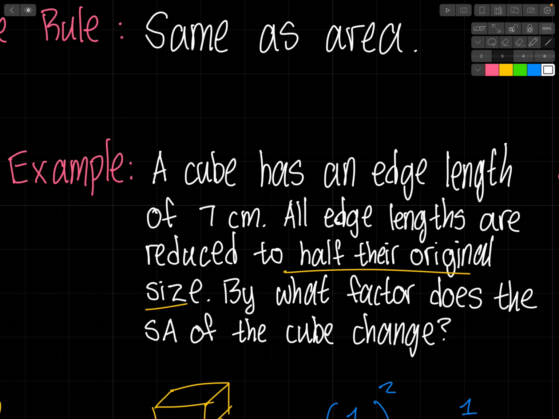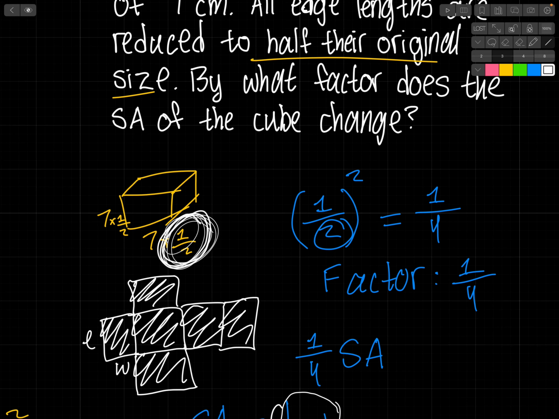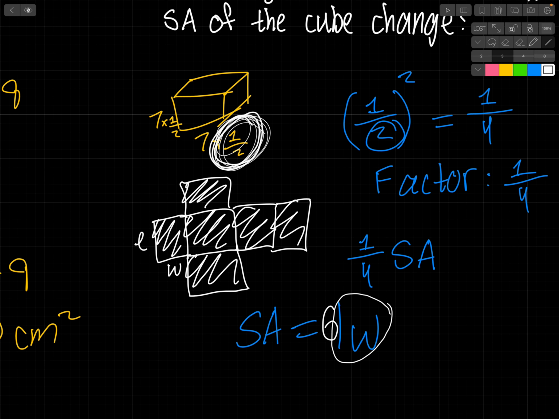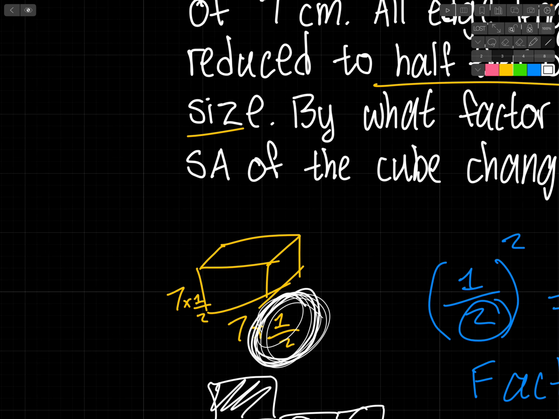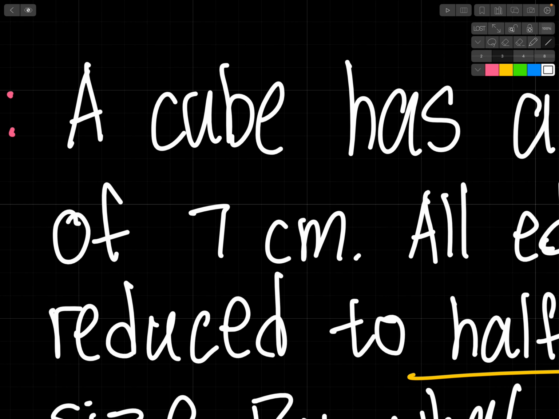So here we have an example. A cube has an edge length of 7 centimeters. All edge lengths are reduced to half their original size. By what factor does the surface area of the cube change? So here we see the edge length is 7 centimeters.